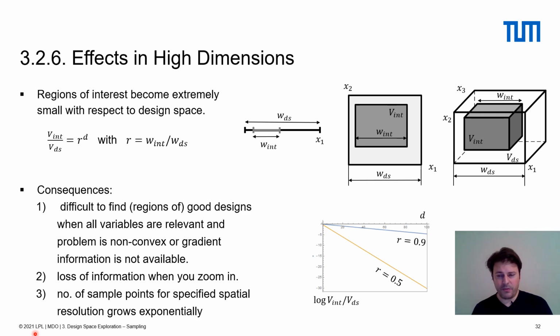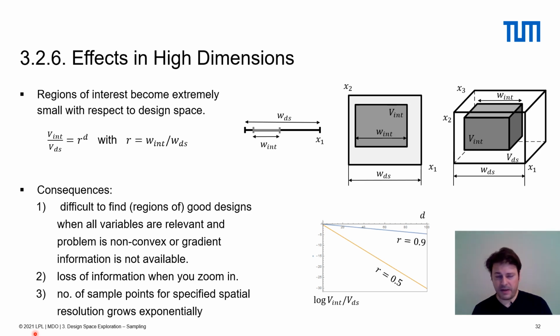So in other words, if you're looking for that region of interest and you have no help to guide you towards that region, you would, if you did that search, for example, by brute force sampling, you would need on the order of 10 to the power of 30 sample points to have a realistic chance of finding it.